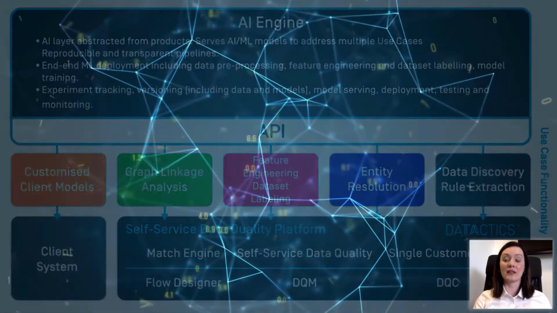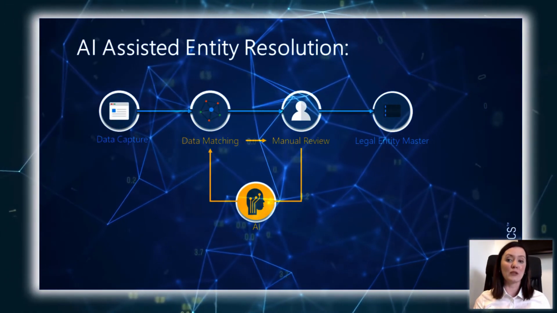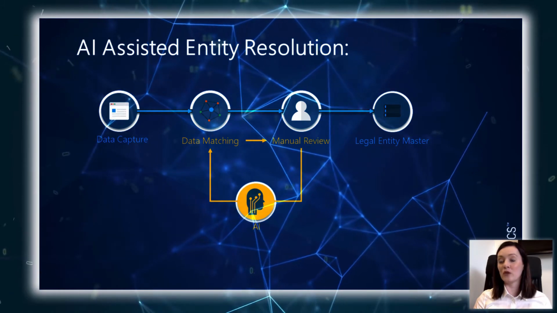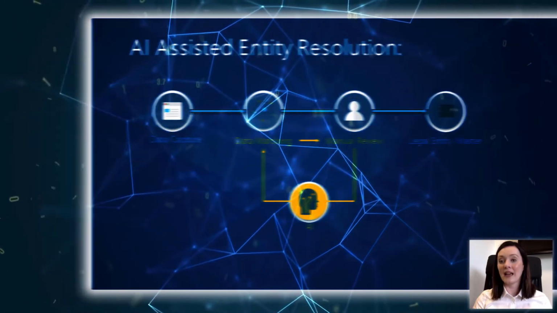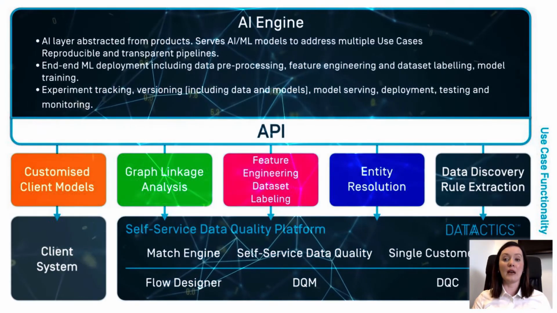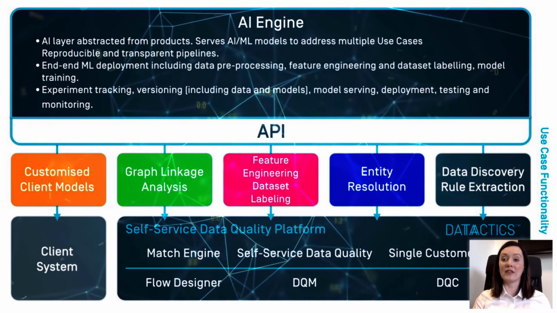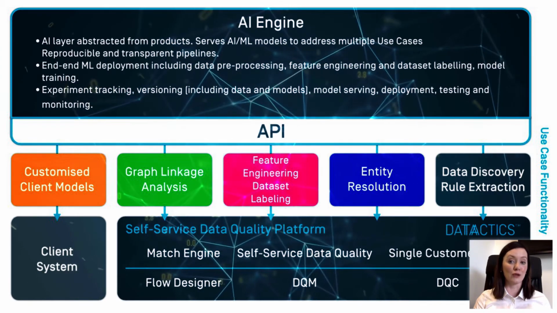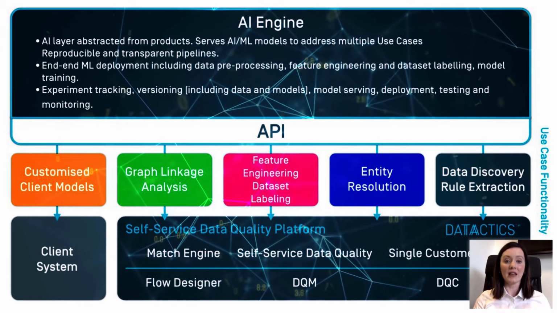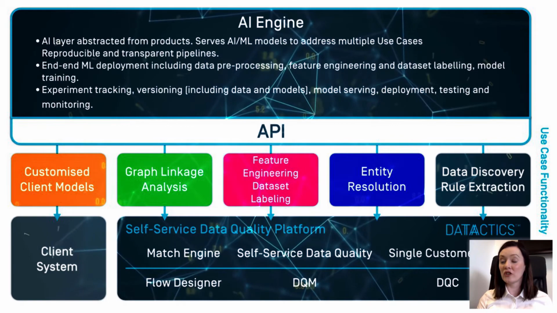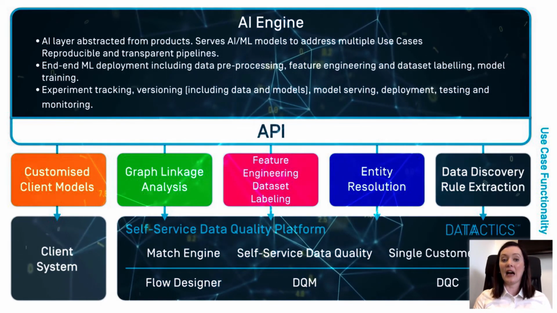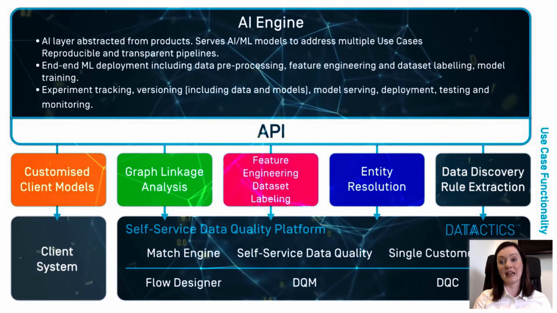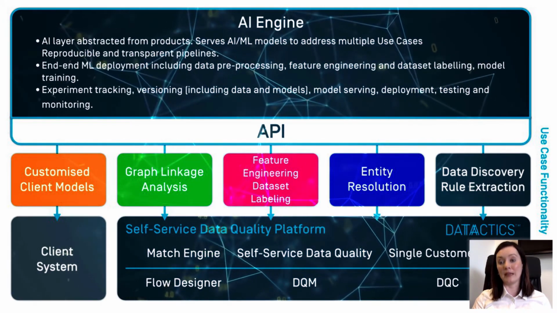So that is, for example, providing that human-in-the-loop machine learning to provide prompts and suggestions to users for tasks, to further research and develop automated data discovery and rule extraction, to look at graph linkage analysis, and further enhance our feature engineering and dataset labeling capabilities.